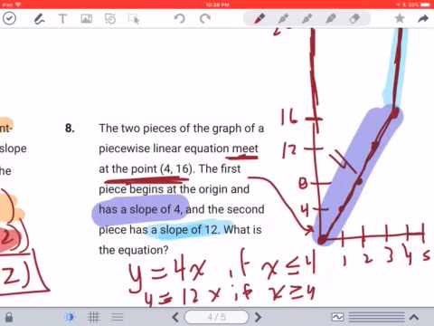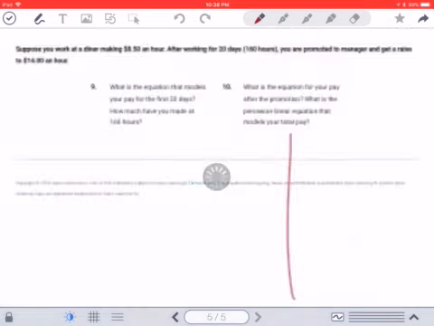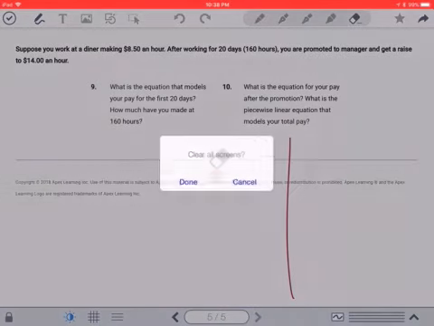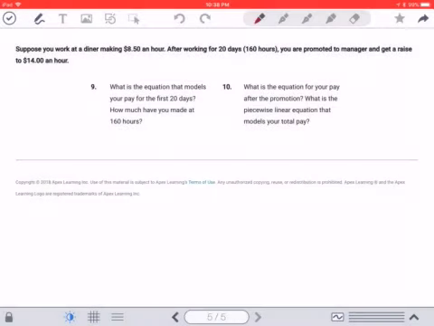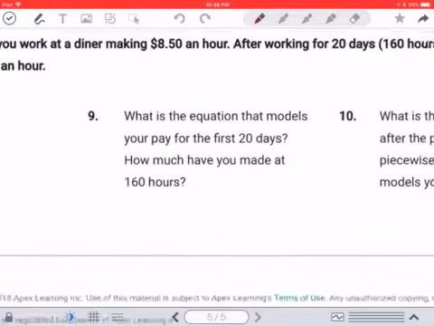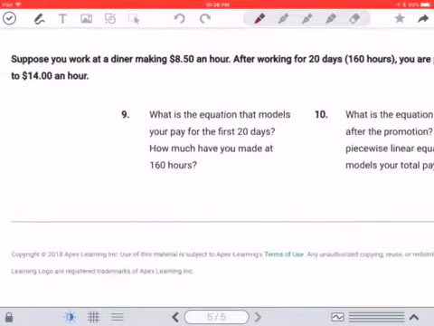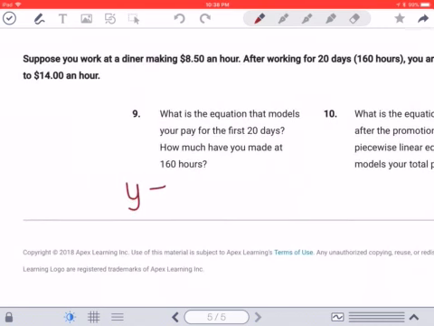All right, next one. Suppose you work at a diner making $8.50 an hour. After working for 20 days, you are promoted to a manager and get a raise to $14 an hour. What is the equation that models your pay for the first 20 days? Okay, so the first 20 days you're making $8.50 an hour.